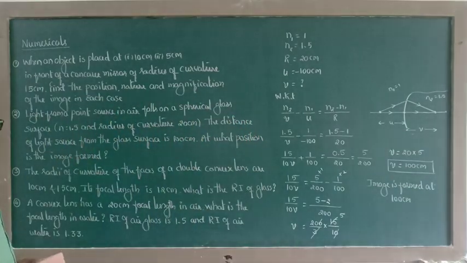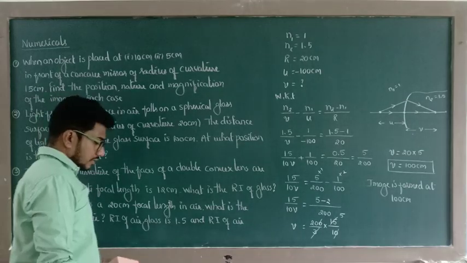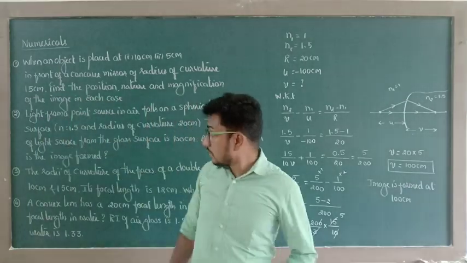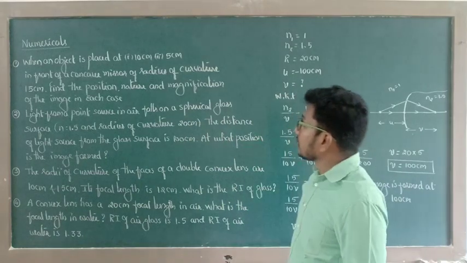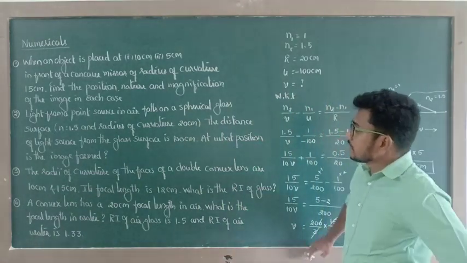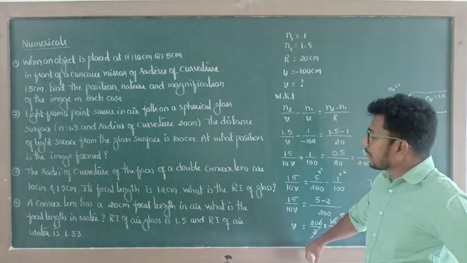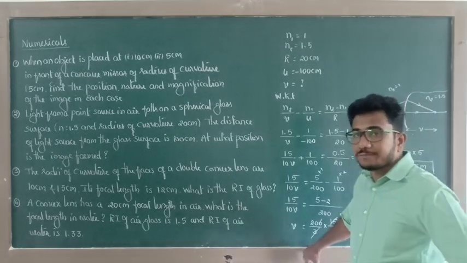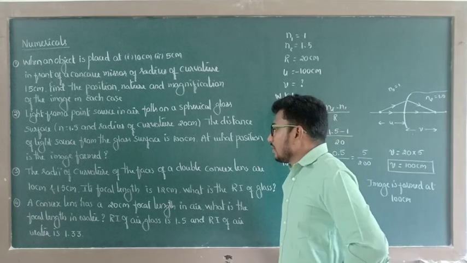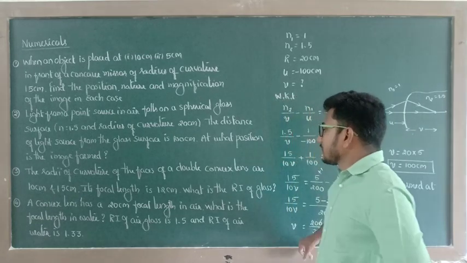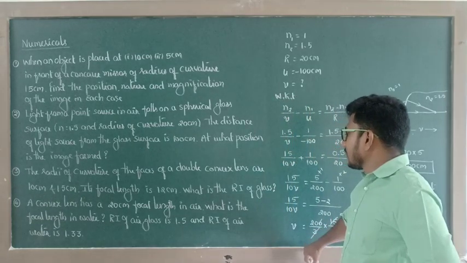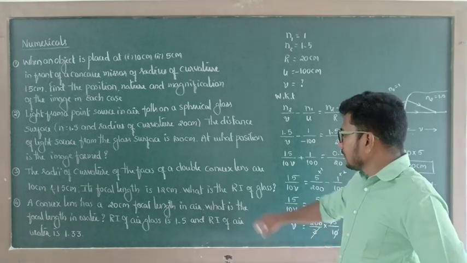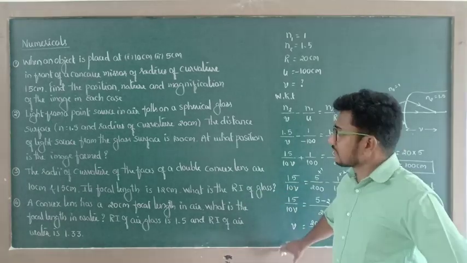Okay. Next, third one. The radii of curvature of the faces of a double convex lens are 10 centimeter and 15 centimeter. Its focal length is 12 centimeter. What is the RI of glass? RI means refractive index.